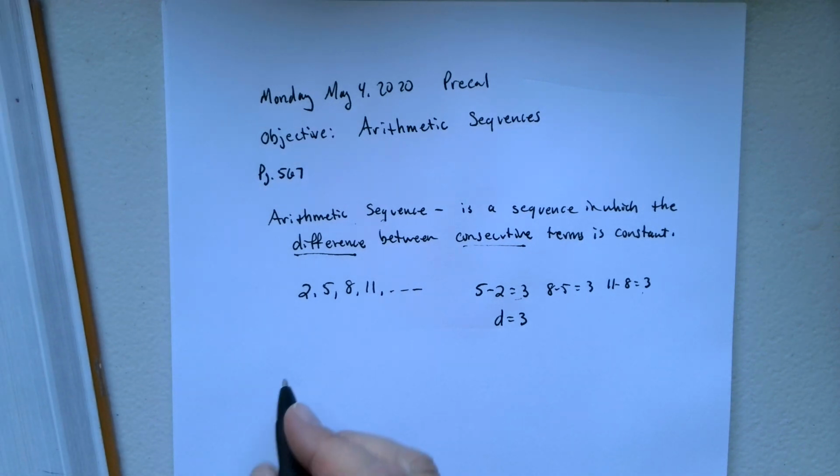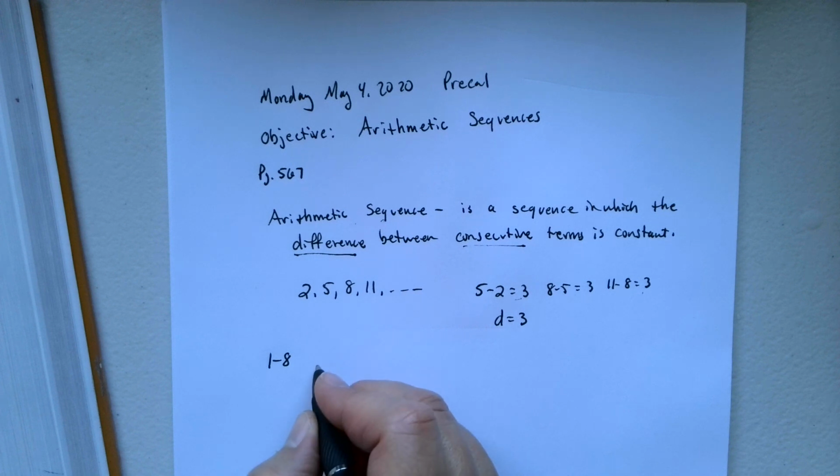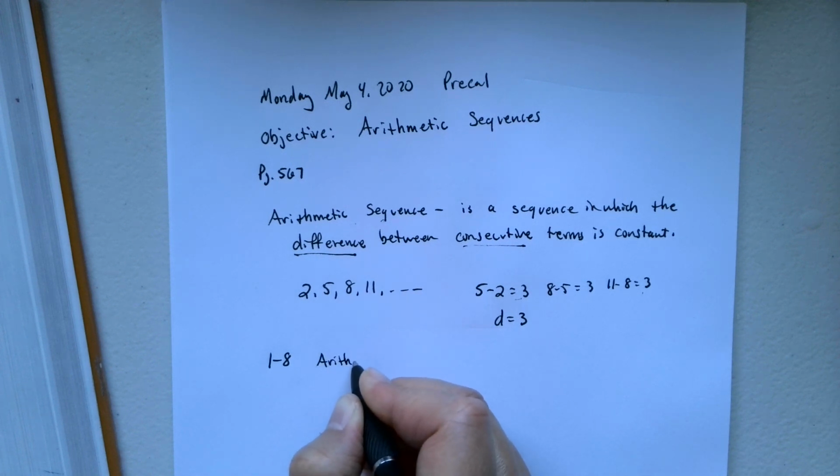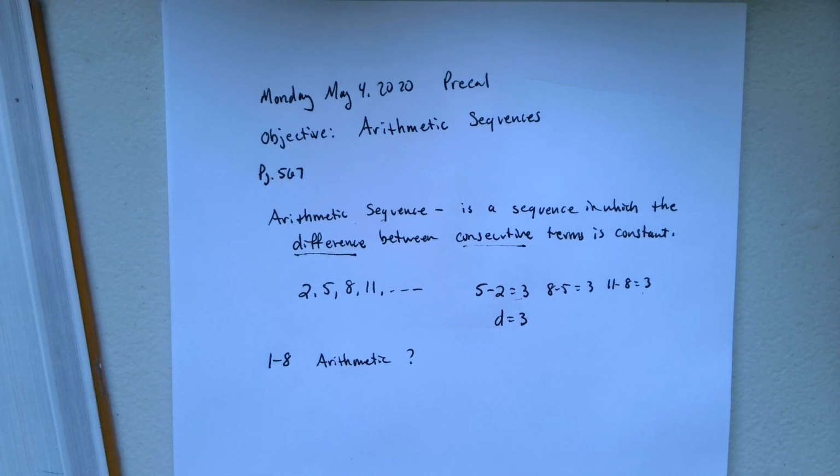On the first section, on 1 through 8, they are giving you a sequence, and they're asking you if it is arithmetic. They're asking, is there something that's being added each time to get to the next consecutive term? So if we look at number 1, we've got 10, 8, 6, 4, 2, and so forth.